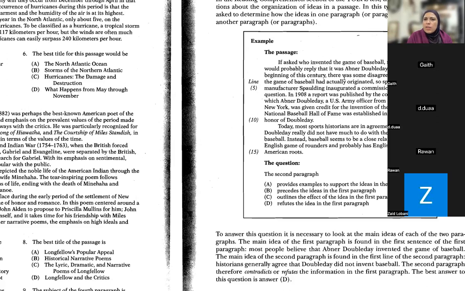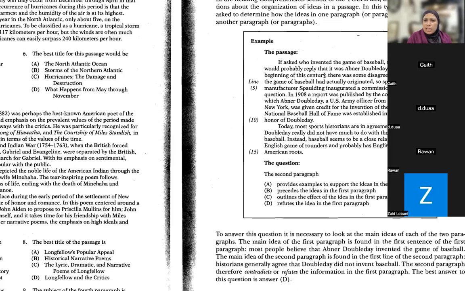If asked who invented the game of baseball, the American game where there's a bat, like a stick, and a ball, and you smack the ball and start running to base one, base two, etc. Anyway, if asked who invented the game of baseball, most Americans would probably reply that it was Abner Doubleday.